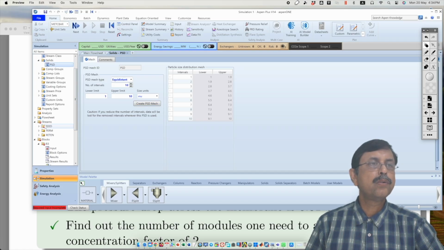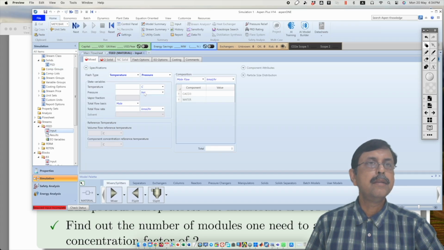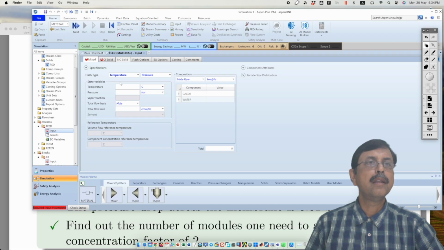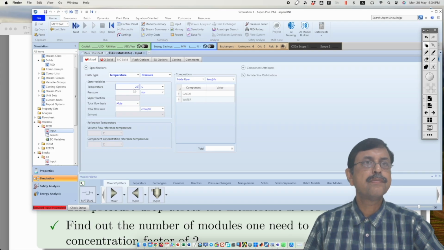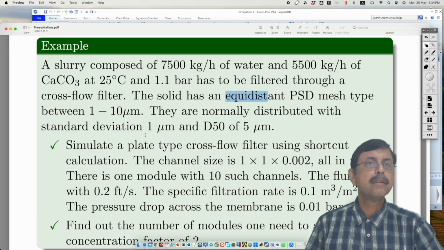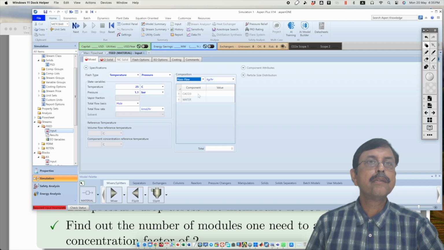So we have already created the PSD mesh type. Now let us go to the stream and input. The temperature is 25 degrees centigrade and 1.1 bar pressure. The mass flow rate is 7,500 kg water.